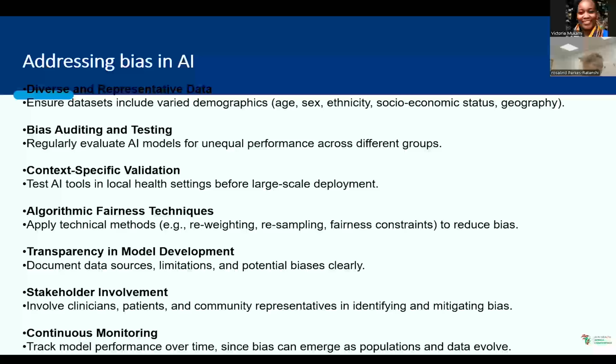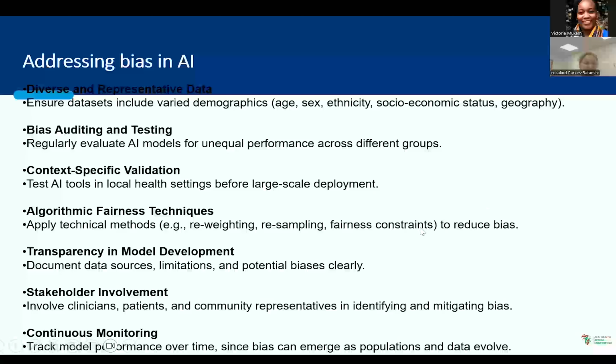So we can get this term called regression to the mean, but we can also get biases being introduced over time. As populations change, sometimes a model that we trained on one population changes over time.